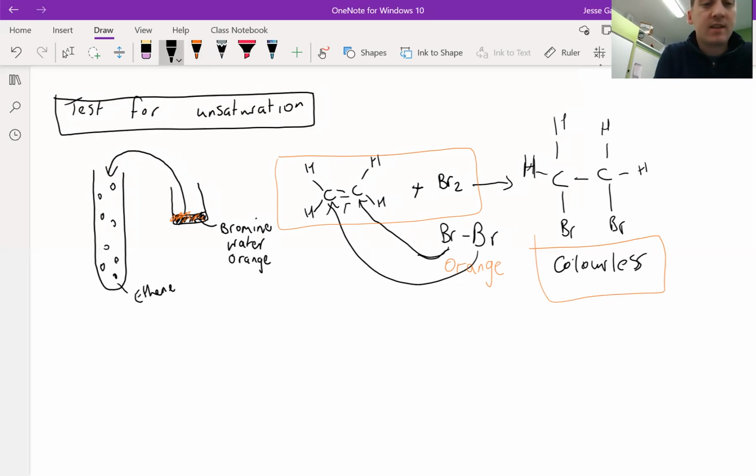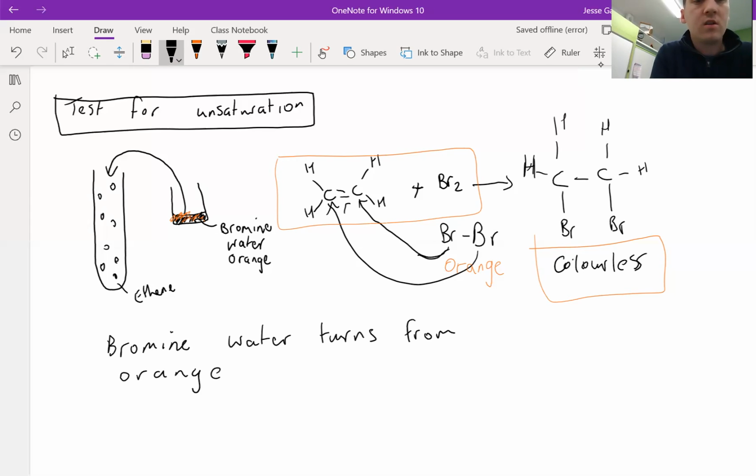So we say bromine water turns from orange to colorless if it comes into contact with an unsaturated compound. That means we can use the bromine water to test for unsaturation. That is the first test for unsaturation.